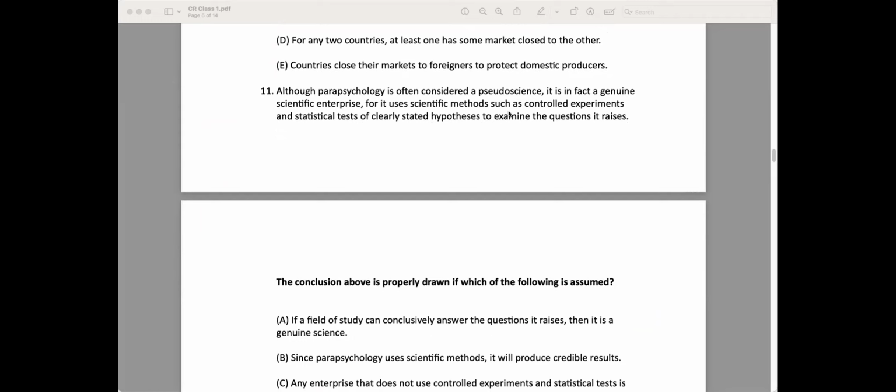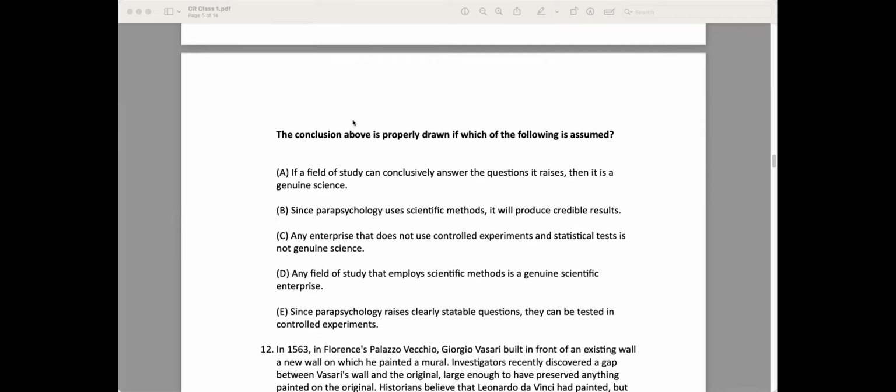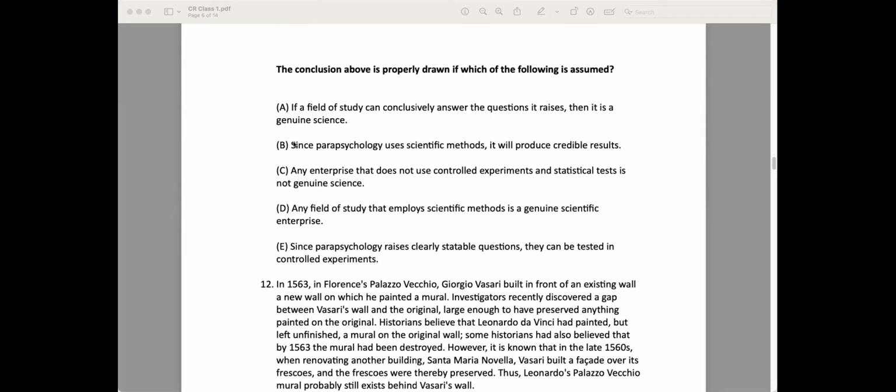Two methods are used: controlled experiments and statistical tests of clearly stated hypotheses. Anything that uses these two things, we are calling a scientific enterprise. Option C says something that doesn't use controlled experiments and statistical tests is not a genuine science. Something that uses both of them is a genuine scientific enterprise.